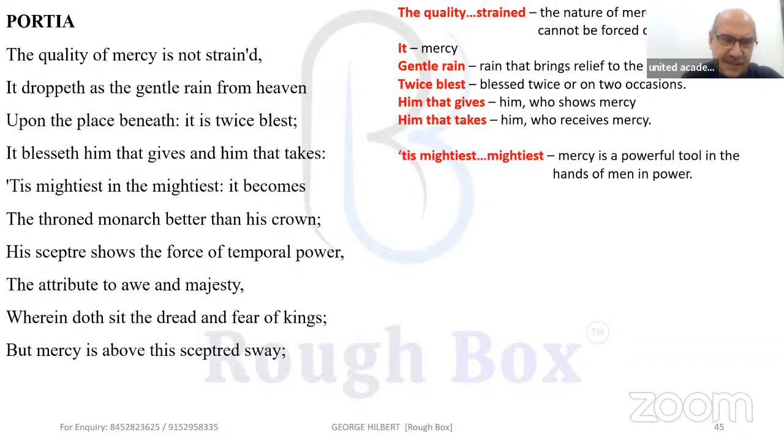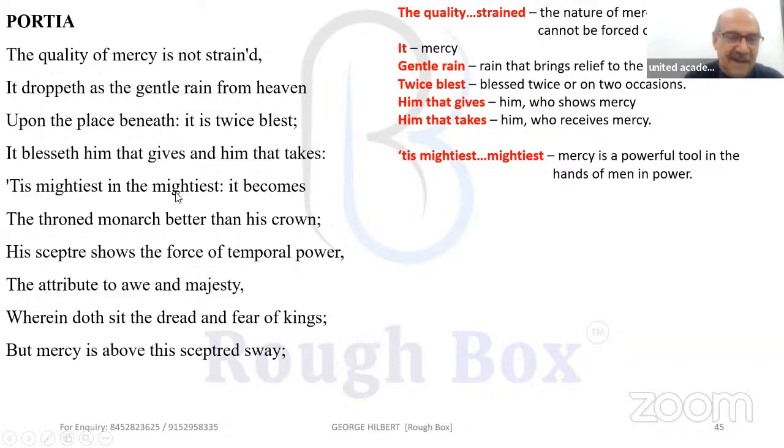That's why it is twice blessed. It blesses the shower of mercy and the receiver of mercy. It is mightiest in the mightiest. Mercy is a powerful weapon in the hands of powerful people.